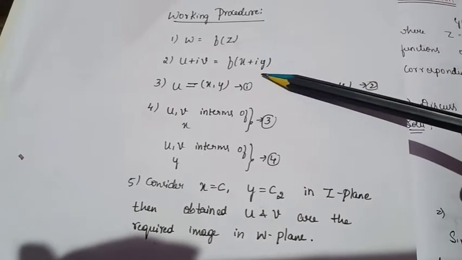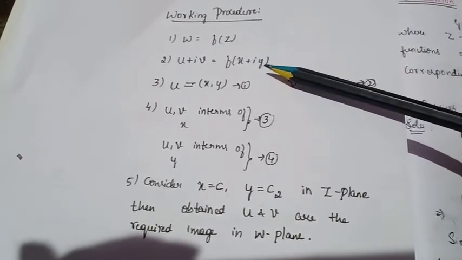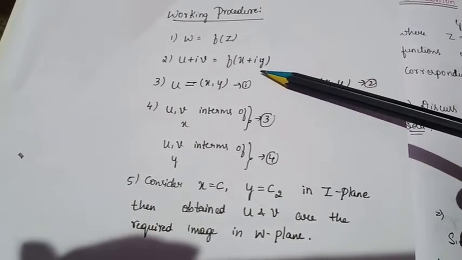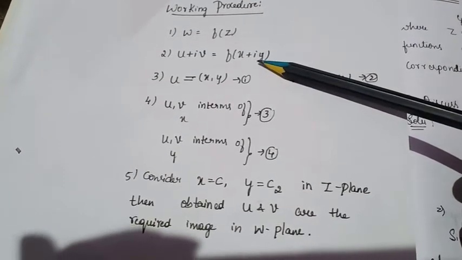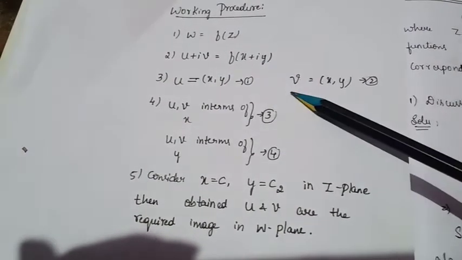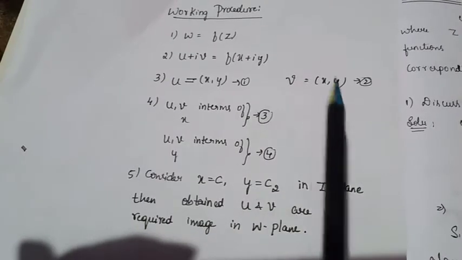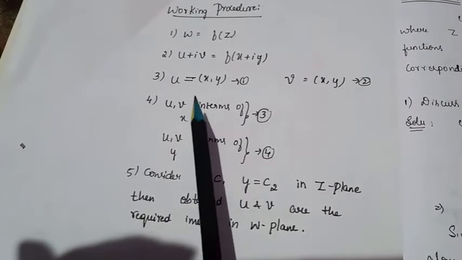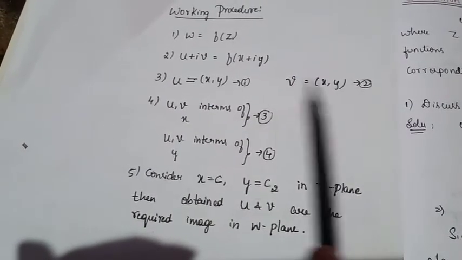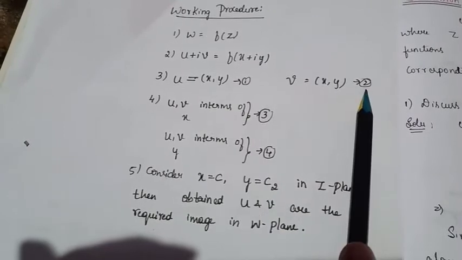If it is not possible to simplify in Cartesian form, then only we take the polar form. After substituting, we separate the real and imaginary parts, which must be functions of x and y, and we consider the two equations as 1 and 2.